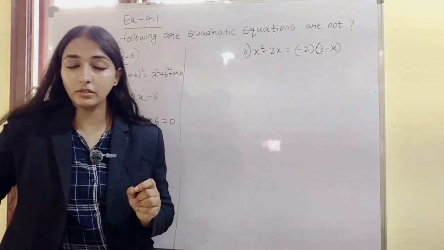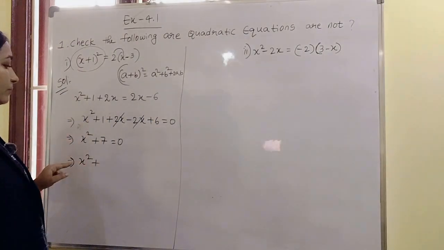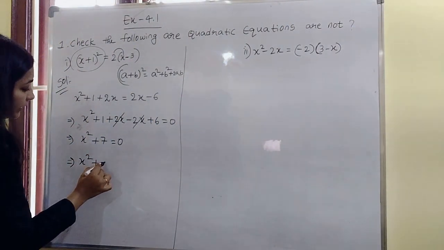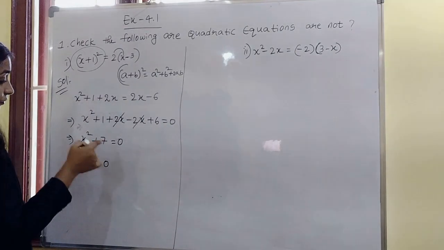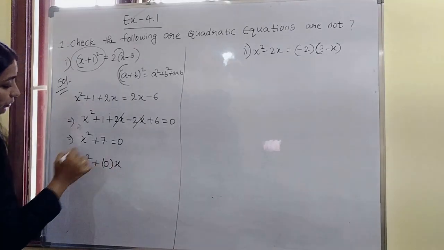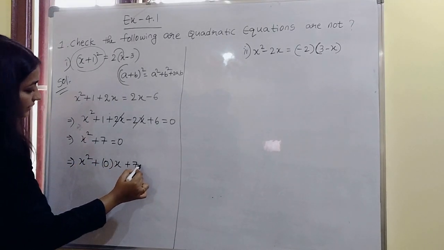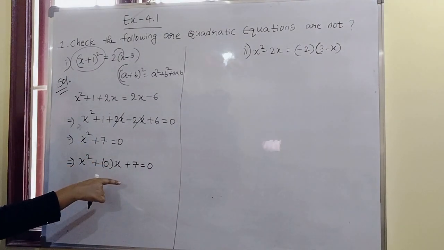No, it can be a quadratic equation because the x square term is there. So I am writing it in the form ax square plus bx plus c is equal to 0, and for that I am taking the x coefficient as 0, plus 7 is equal to 0. Is it clear? So now it is in the form of a quadratic equation.